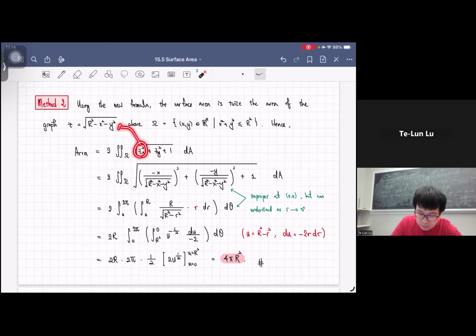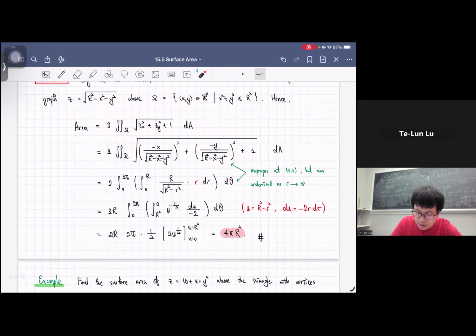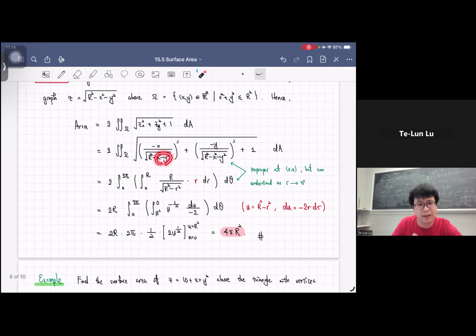Zx squared is simply this guy. And zy, taking partial derivative, is again this guy. So after computation, you can see that this is actually sort of an improper integral because it's not really defined at, sorry, not 0, my bad.